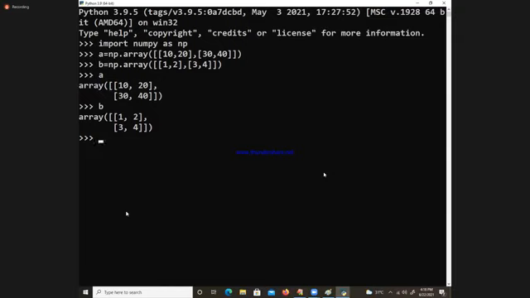Now it is time to go for another discussion in the class. Now see, print of a plus b. You need not use the add function; use the plus operator. Try to understand carefully. A plus b, what will happen?